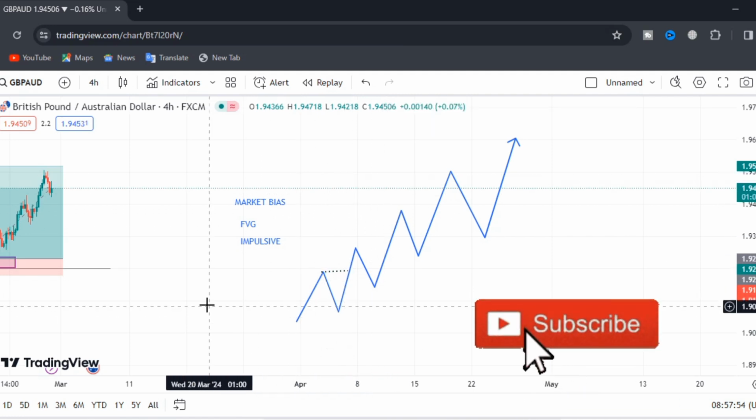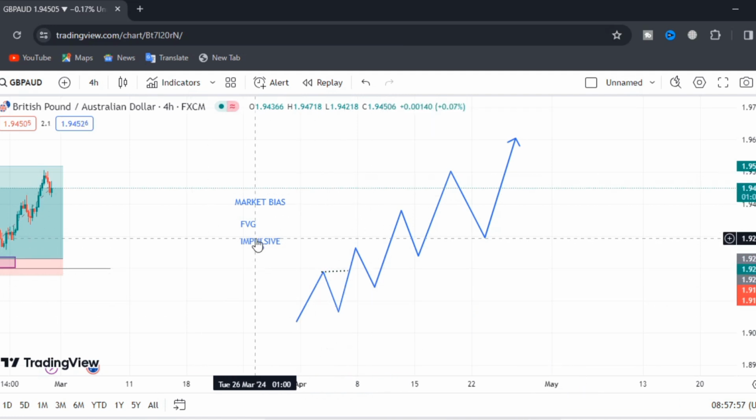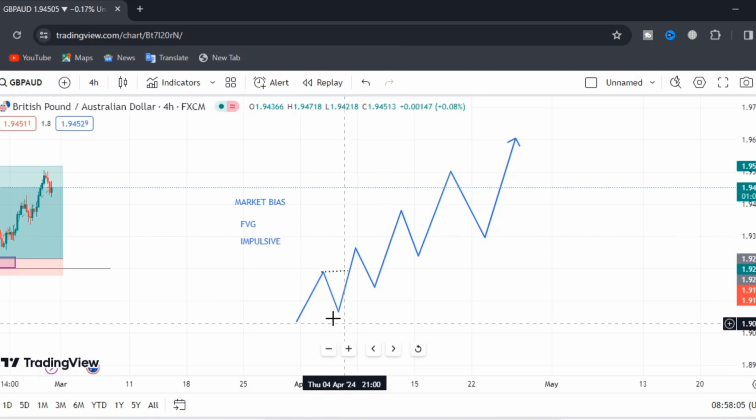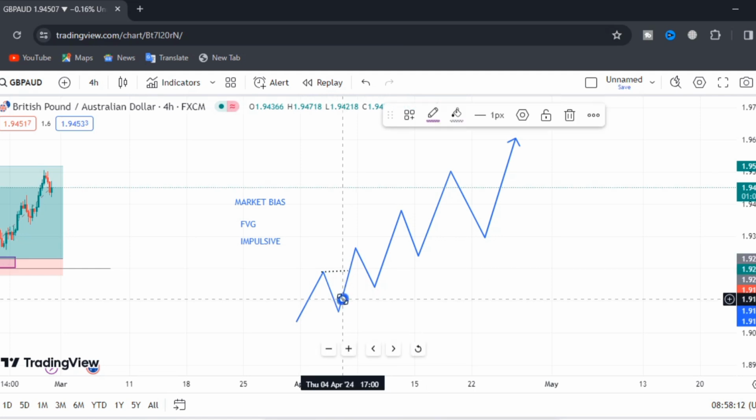If we have gotten our market bias, we must look for the fair value gap in the premium or discount level. For example, if the market is in an uptrend, we must look for our fair value gap in the discount level, toward the extreme end of the discount level.